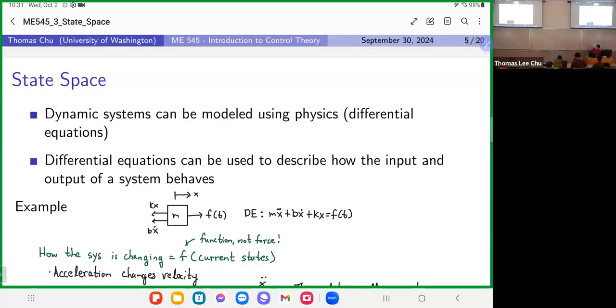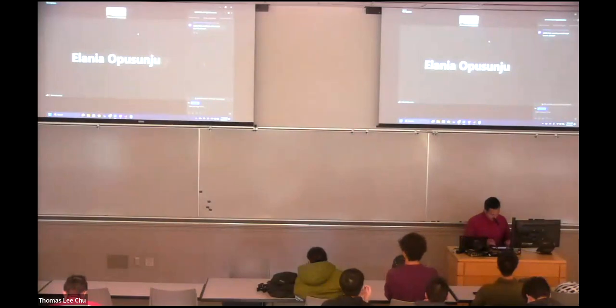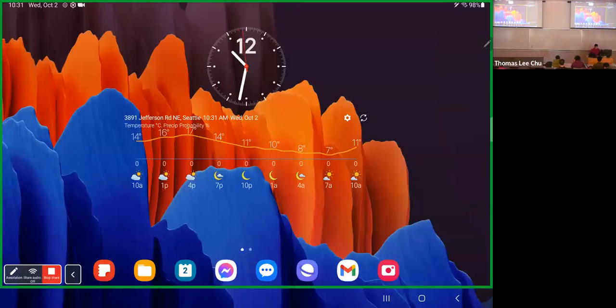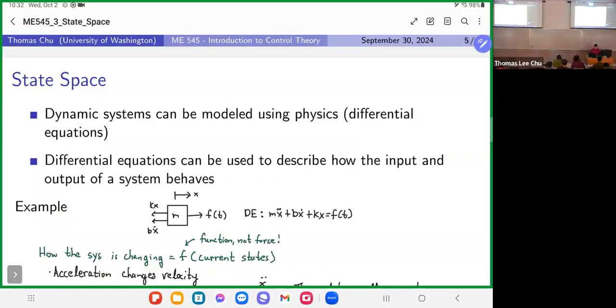Am I sharing my screen? Yeah, I should be sharing my screen, but maybe I'll try sharing my screen again. Do you see my screen on my tablet right now? People online, can you see my tablet screen now?